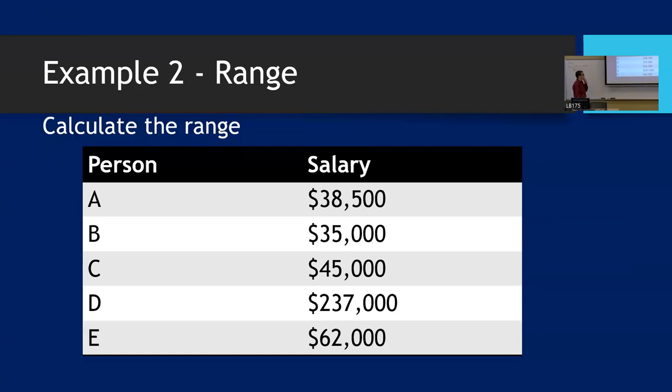Now the range is a fine measurement to talk about, very quick and easy to calculate. But the downfall of range is that it only cares about the very biggest number and the very smallest number.